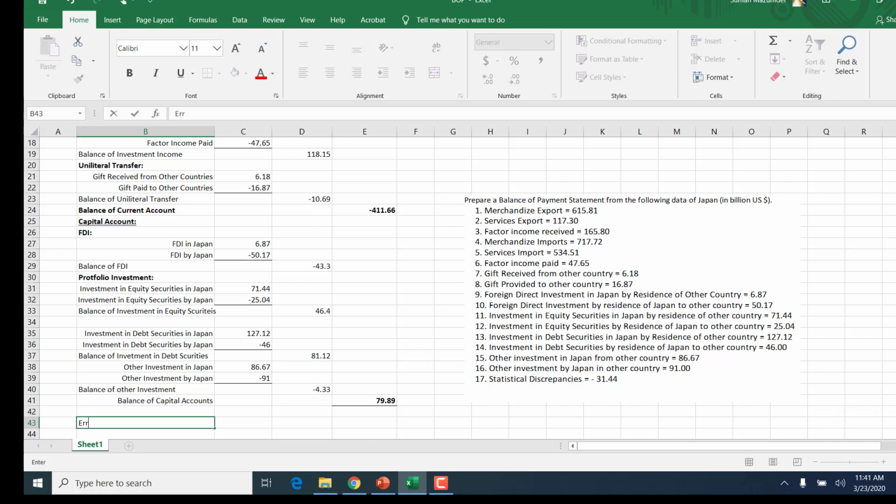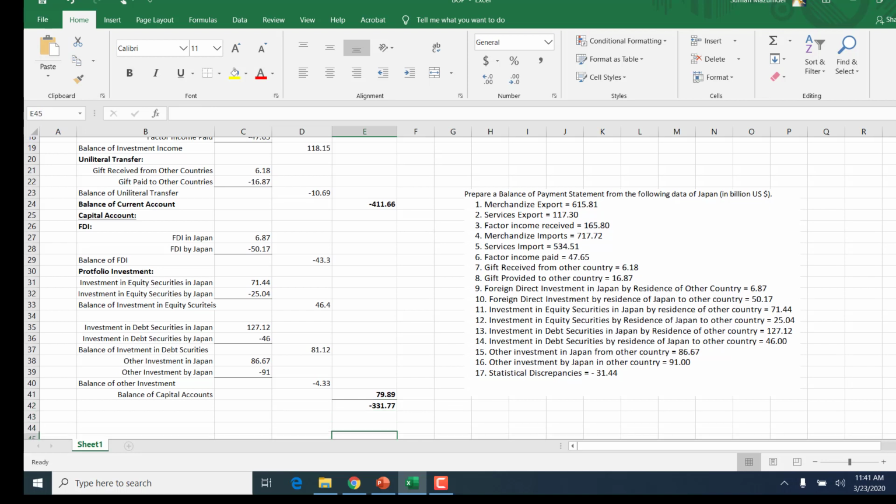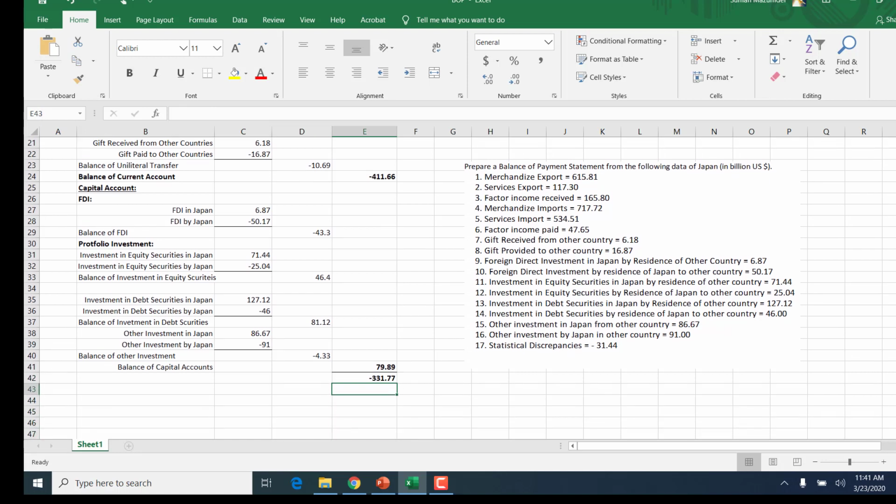Now, errors and omissions is actually transaction number 17. Okay, before that, let us take the balance of current account and capital account together. I'm adding the current account and capital account. The balance is minus 331.77 US dollar.